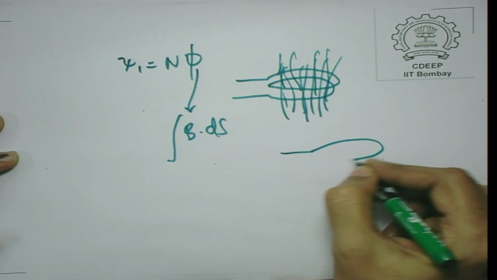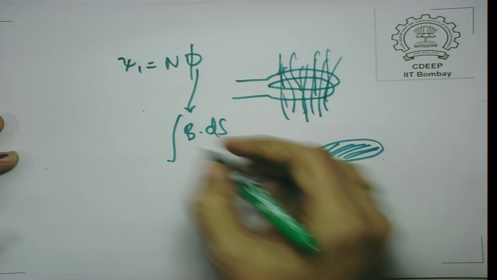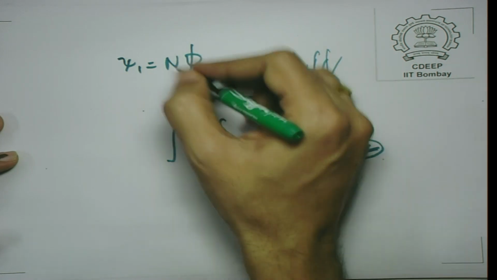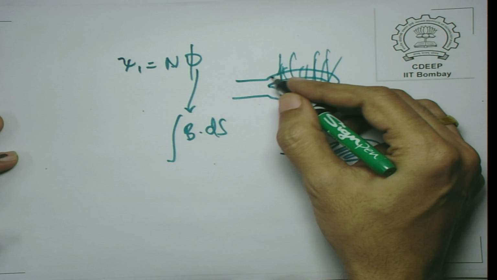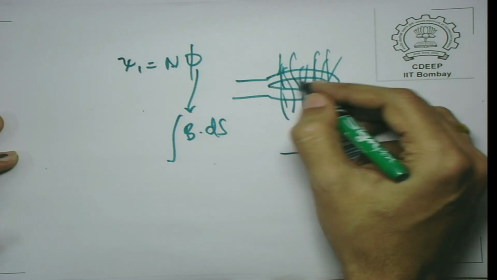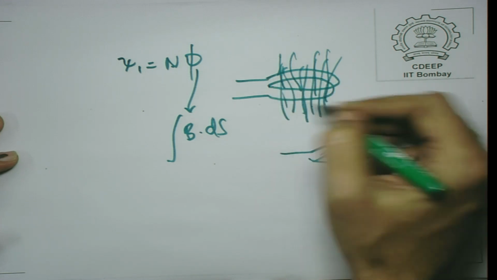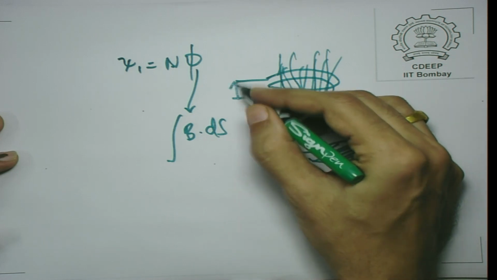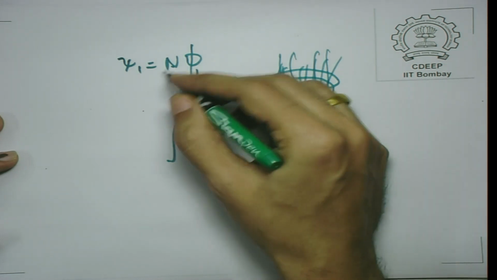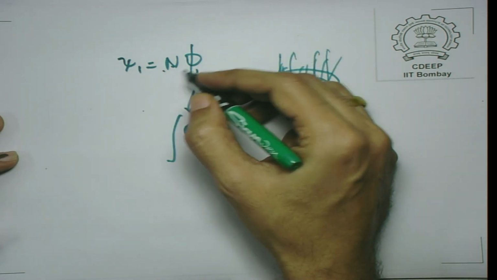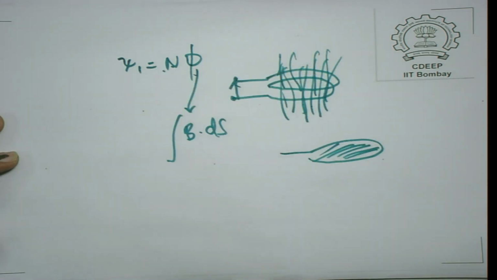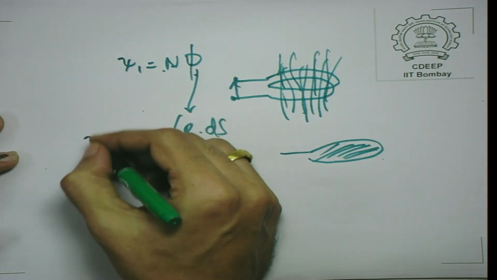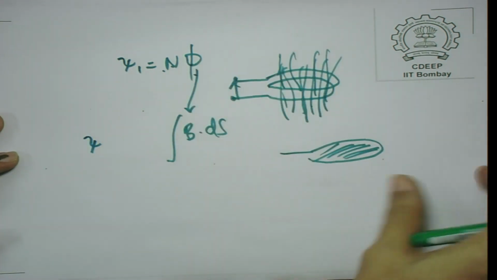If you look at each coil as a closed curve, for this surface you do B dot ds, that is flux. N into B dot ds captures the fact that voltage is induced in this as well as this, and possibly more turns if there are more turns. And so, the voltage induced at the terminals of n turns is going to be n times d phi by dt. That is why we use psi to represent n phi, and the voltage which appears at the terminals of n turns is n d phi by dt, which is nothing but d psi by dt. Okay.